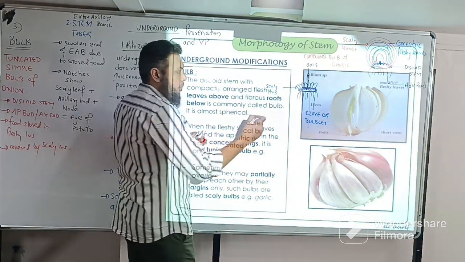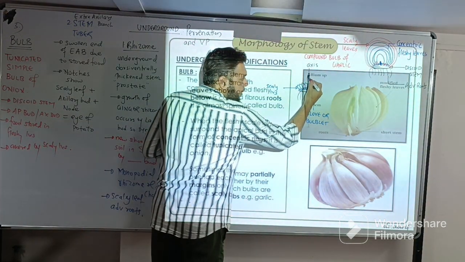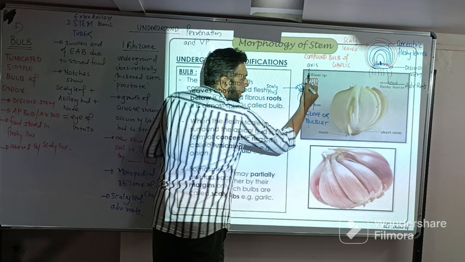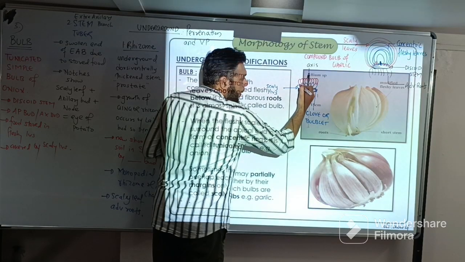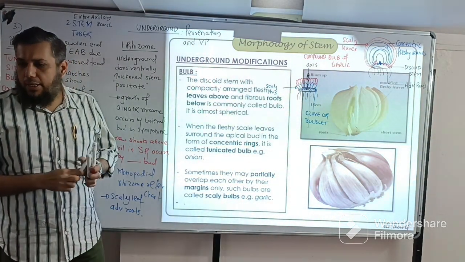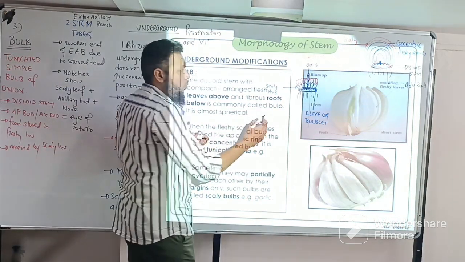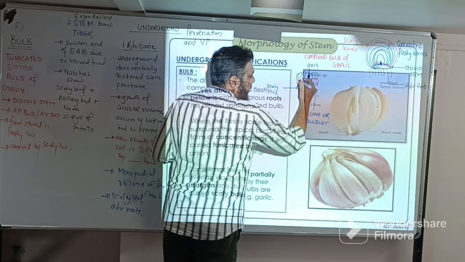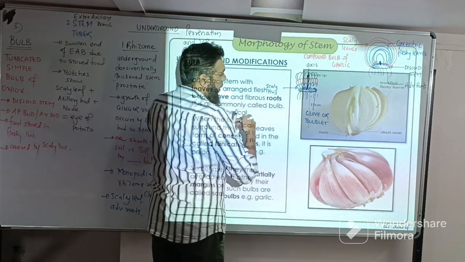Now one more. So once again, who is this? Bulblet. Another row of what? Bulblets. And the entire row will be covered by white colored scaly leaves. One more row of what? Bulblets.